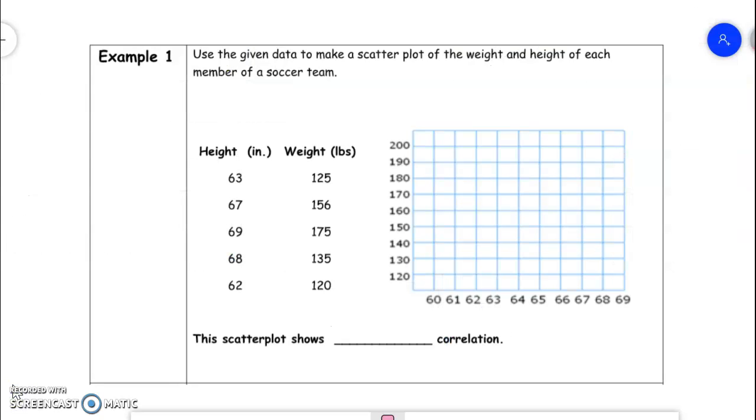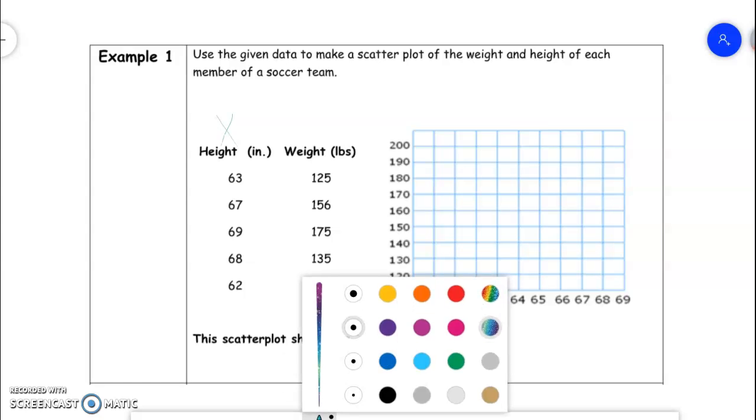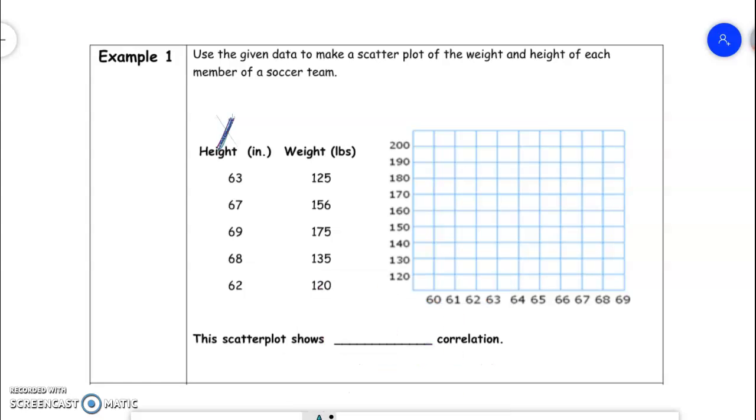So let's take a look at our first example. It says use the given data to make a scatter plot of the weight and height of each member of the soccer team. So here I have the height, which is my X value, and the weight is my Y value.